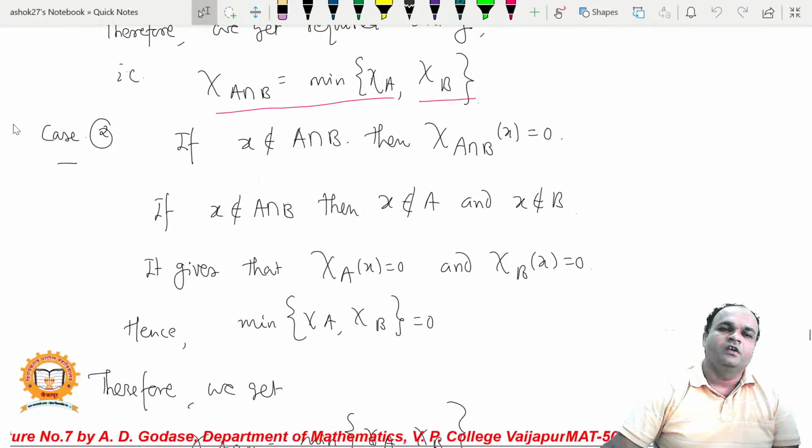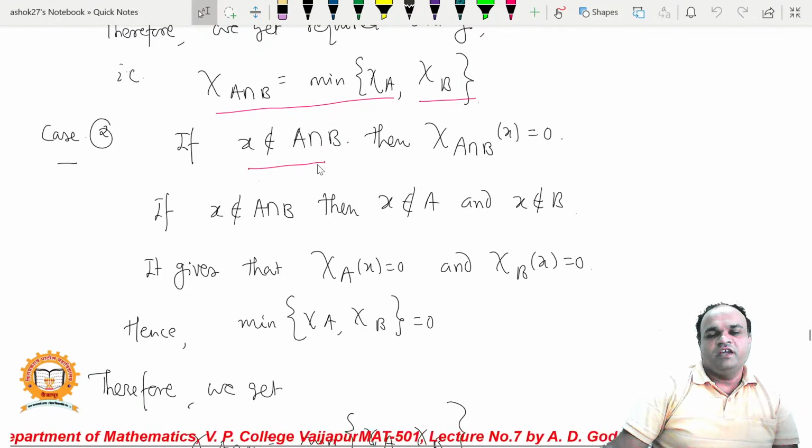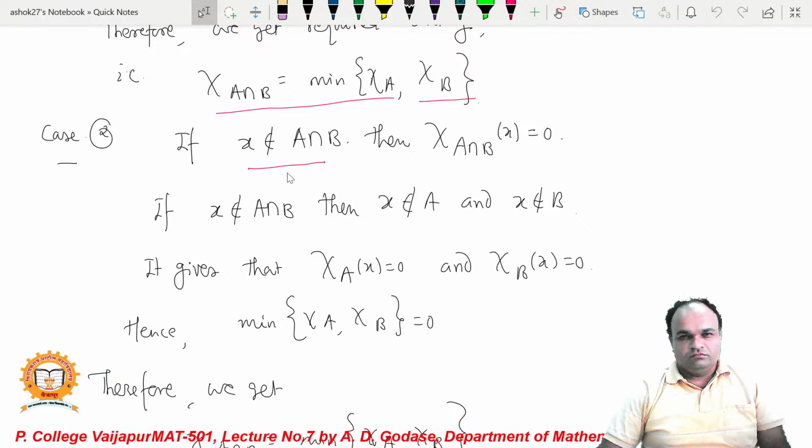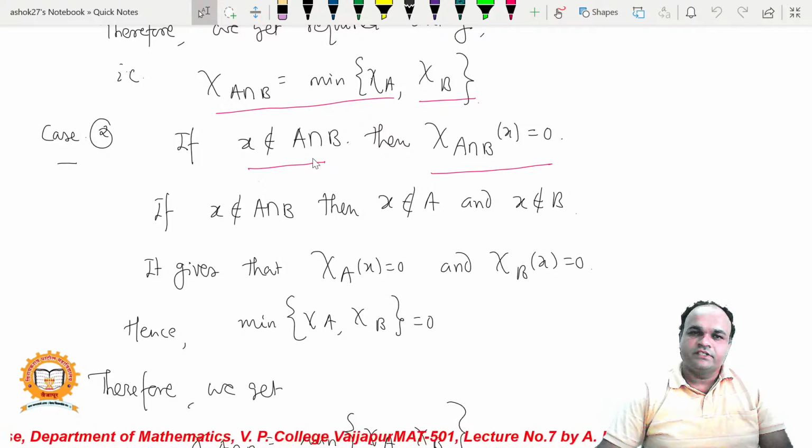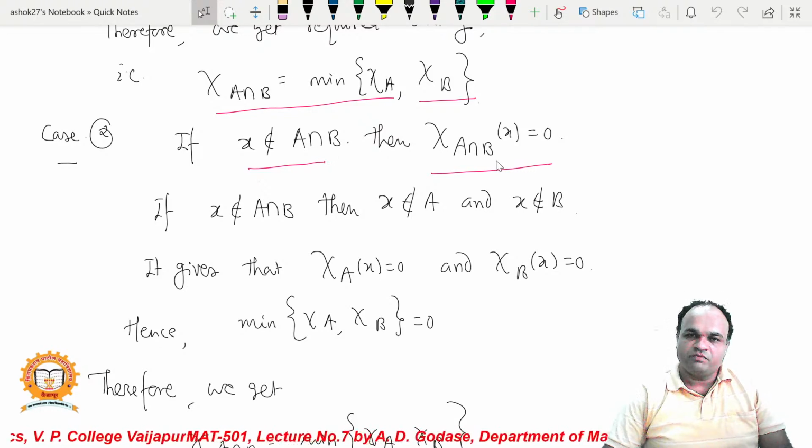What is the second case? If X is not an element of A intersection B, then chi of A intersection B will be 0 because X is not an element of A intersection B, using the definition of characteristic function.